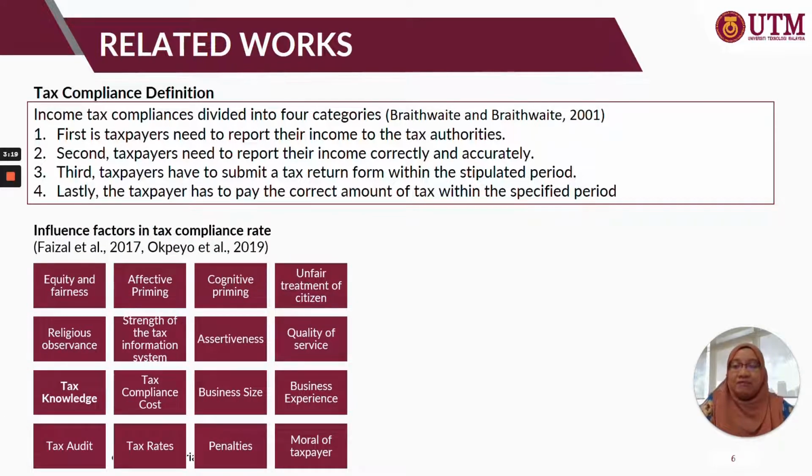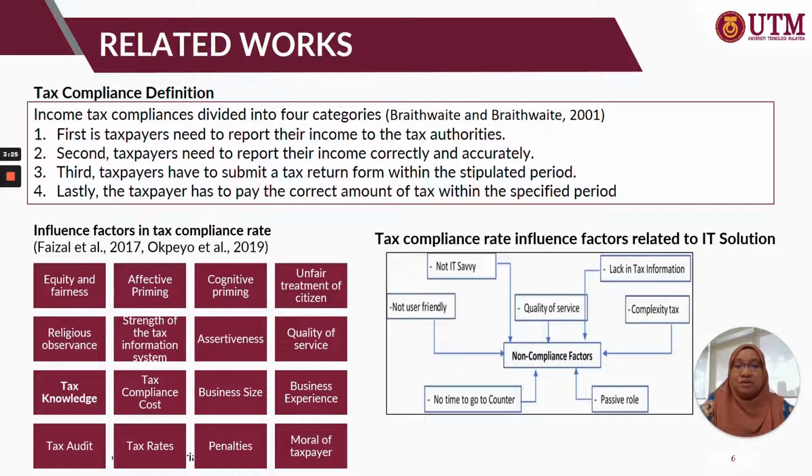However, there are many factors in tax compliance rates, as stated by these two studies. Although there have been efforts to use systems to assist tax collection, there are also issues in using IT solutions to pay tax, such as taxpayers not being IT savvy, or the system not being user friendly or too complicated.